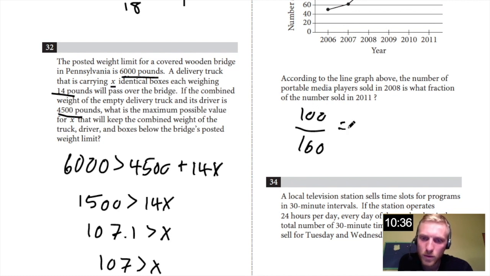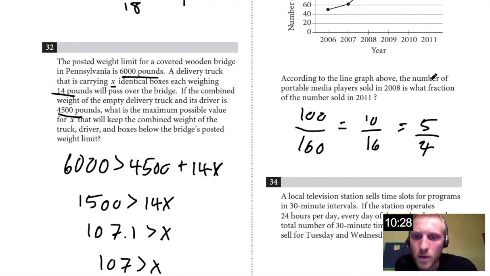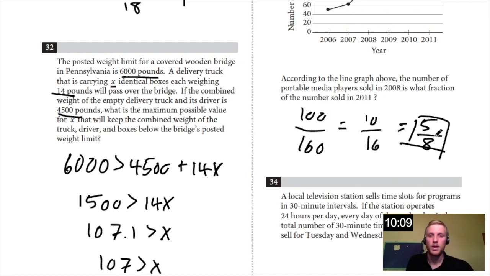We can say it's equal to 10 over 16. Dividing numerator and denominator by 2 gives us 5 over 8. And that can't be simplified anymore.